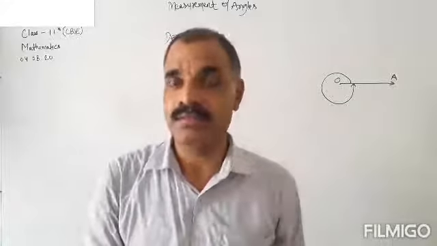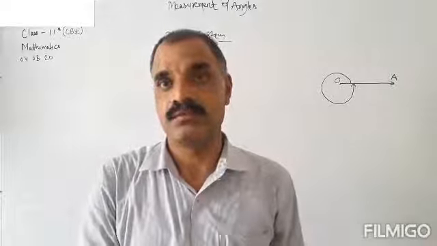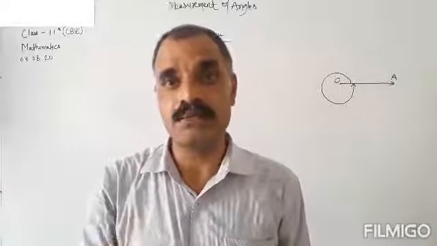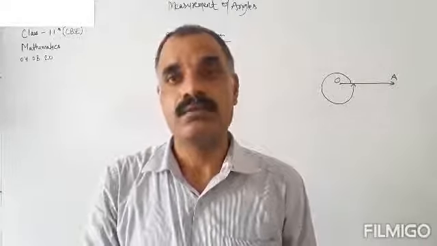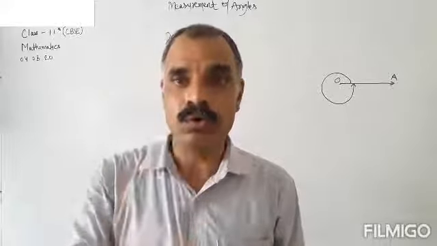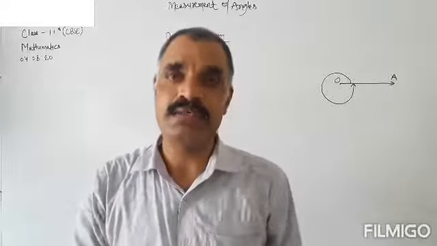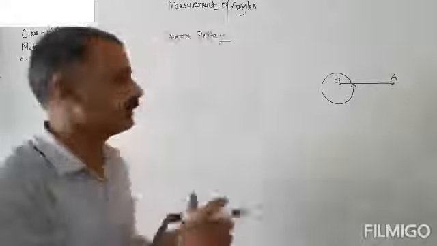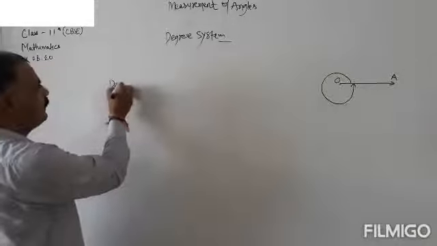Degree is just defined like this, meaning the 1/360th part of the complete rotation of the initial ray is said to be the degree.